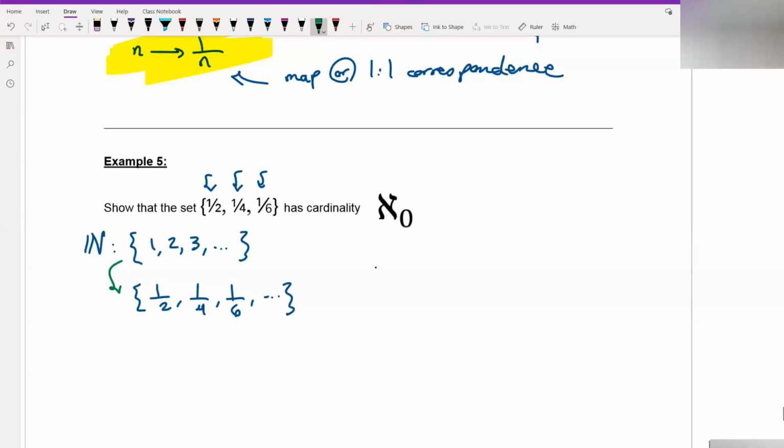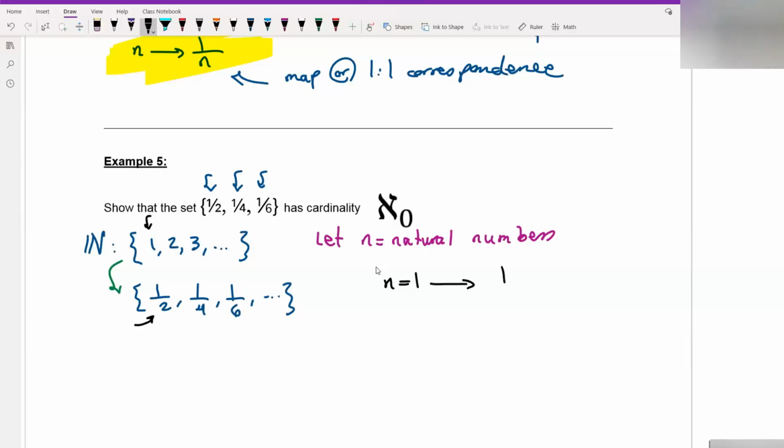So I'm going to do exactly the same thing for n. Let n be natural numbers. Starting with n equal to 1. So this is the point that I started. I want to see if I am able to find a function to map 1 to 1 over 2.